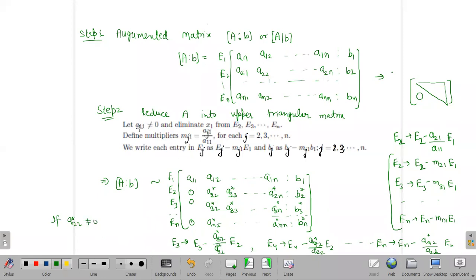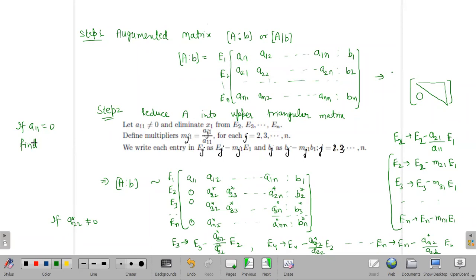Otherwise, suppose here in the second step, if you are making these elements zero, suppose this entry is zero. So what will you do? Then you look into the A21 number. If A21 is non-zero, then you replace the E1 full row with E2.